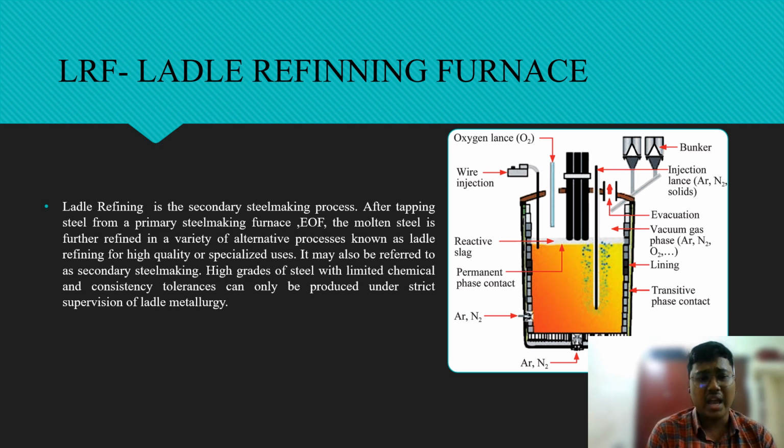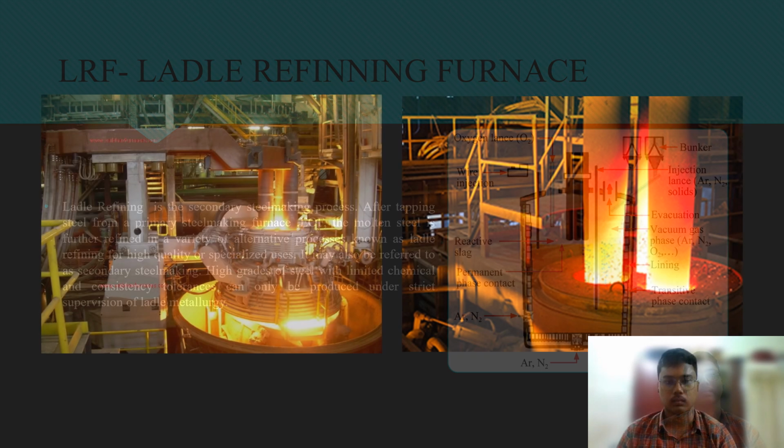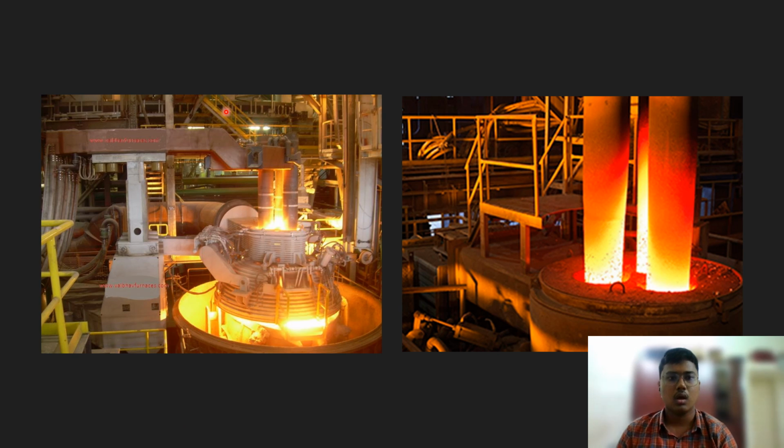By this process, the high grades of steel are produced. This is the image of the ladle refining furnace from a steel plant, where these three electrodes produce the optimum heat required in this process.